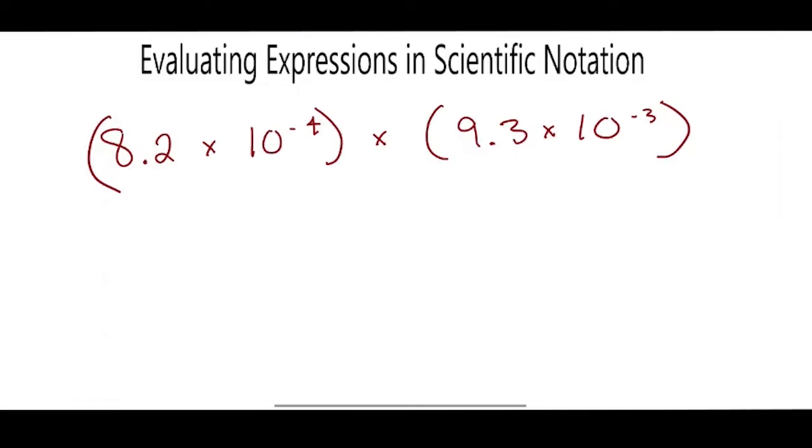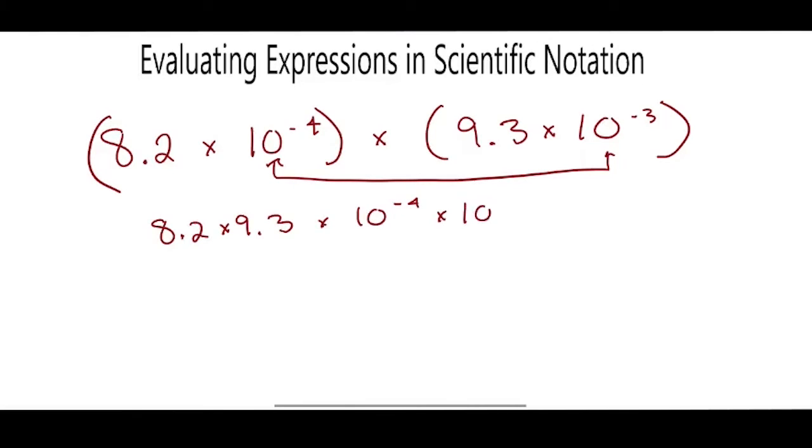So let's say I have 8.2 times 10 to the negative 4th times 9.3 times 10 to the negative 3rd power. Well, I can multiply my 8.2 times 9.3, and then I'm going to multiply my 10 to the negative 4th times 10 to the negative 3rd. Well, I'll simplify this. It's 76.26 times 10.